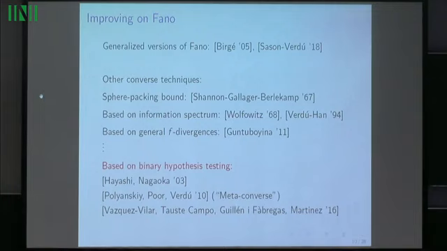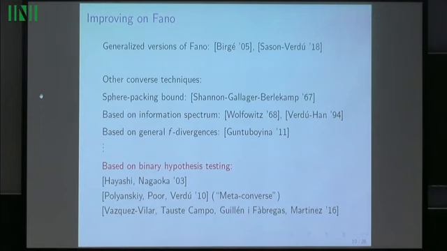And subsequently, in this paper by Polyanskiy, Poor, and Verdú, they introduced what has since become known as the meta-converse, which is saying that you can lower bound the probability of error of a channel coding problem, this epsilon m we are interested in, in terms of the type 1 and type 2 errors of a very specific binary hypothesis test induced by your channel decoder, which I'll talk about in a little bit. And in a subsequent paper, Vazquez-Vilar and others showed that this meta-converse is actually tight if you optimize over the parameters involved.